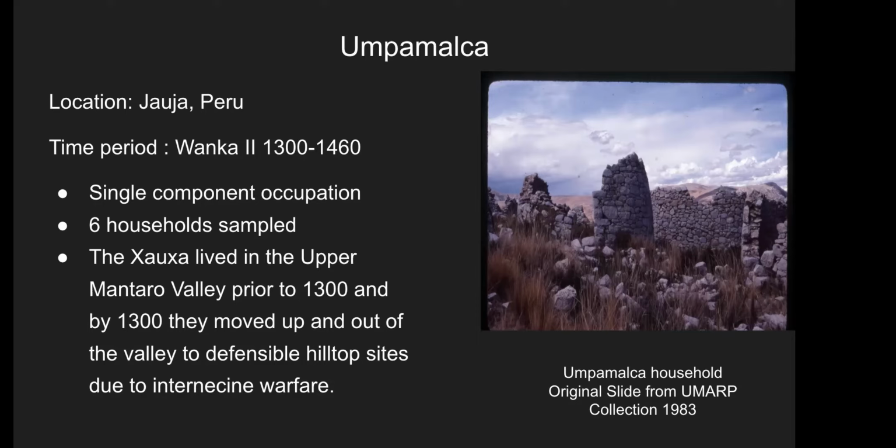In addition to warfare between groups, the Inca had started to take over other people nearby, and that was part of why they moved upwards. They were able to resist for a while until 1460, when the Inca took over their land and people and forced everyone to move back down into the valley to produce maize and other goods for the state.